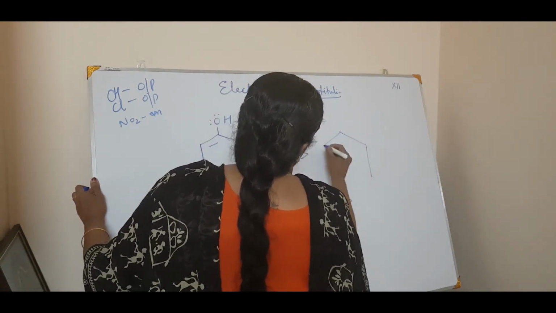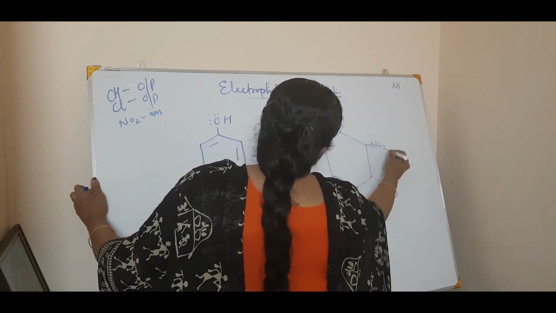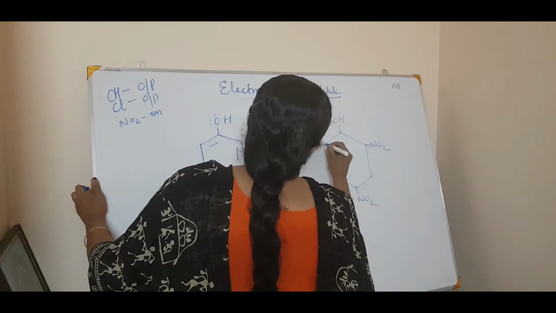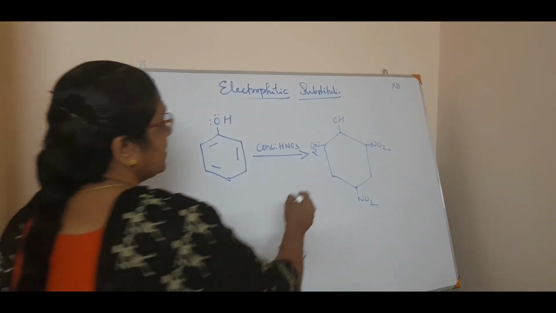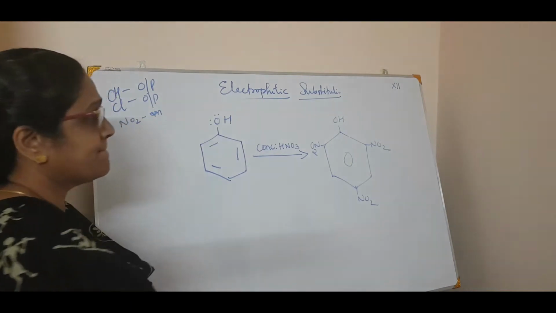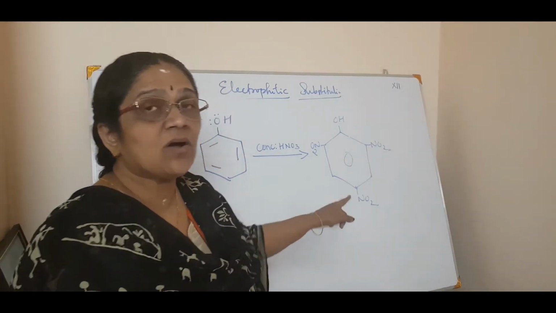Listen. A compound is formed in which 3 positions are taken by the nitro group. See, this compound is formed, and what is it called?